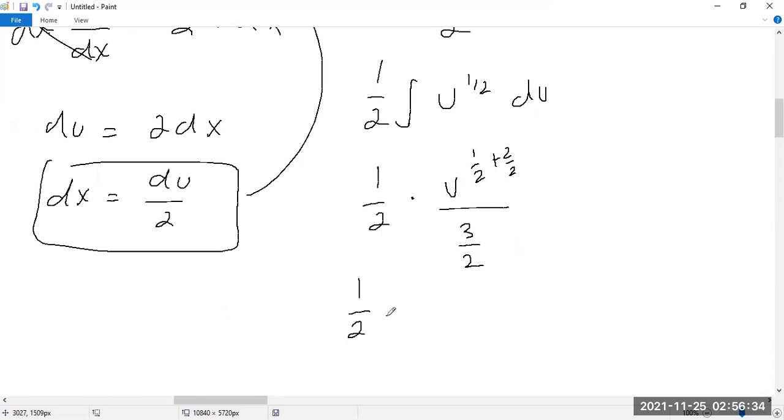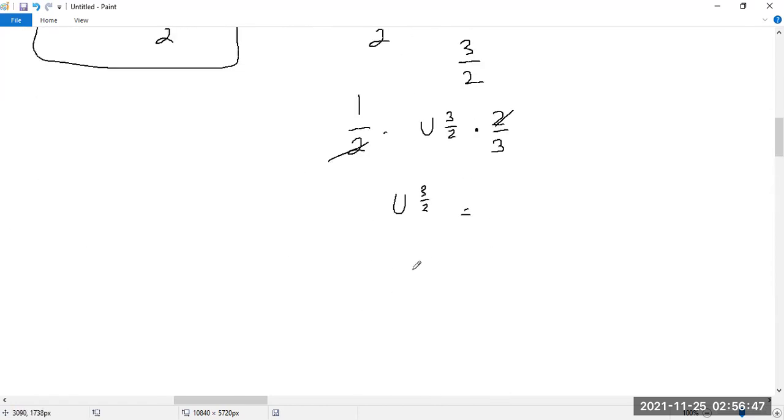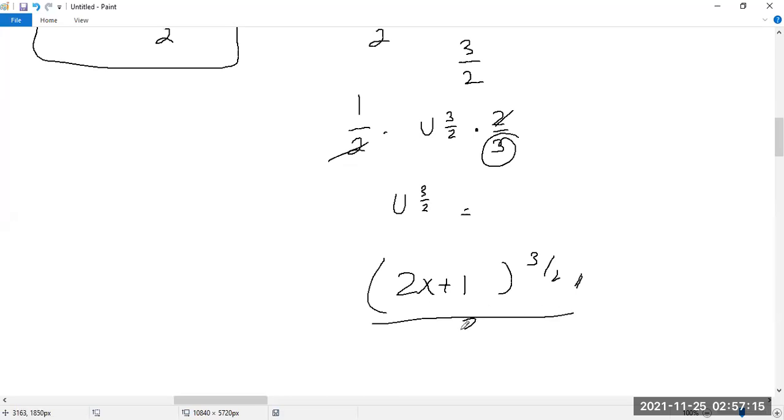So this is 1 over 2 times u to the 3/2, multiplied by the reciprocal, which is 2 over 3. These 2s cancel out. I have u to the 3/2 over 3. And then my u in question was 2x plus 1, so this is 2x plus 1 to the 3/2. I actually also had a 3 here, so I'll just add that 3 and a plus c.